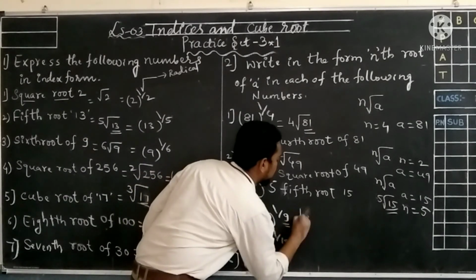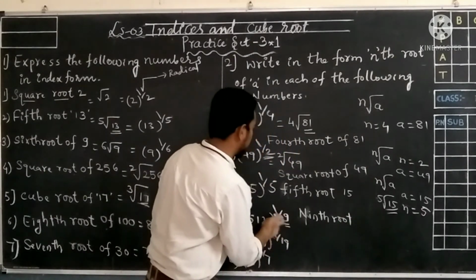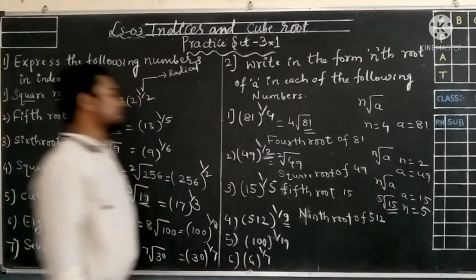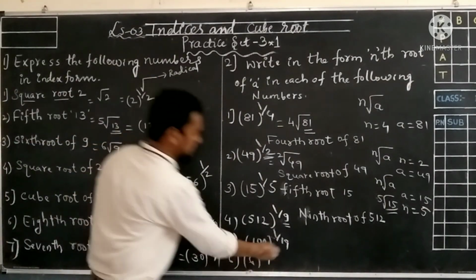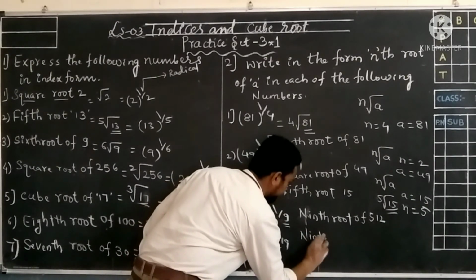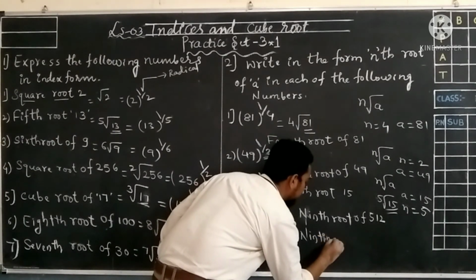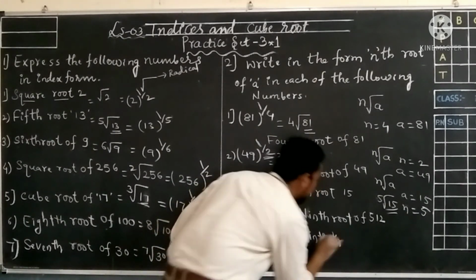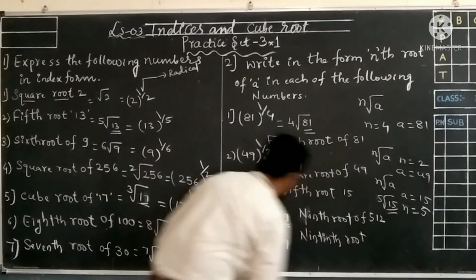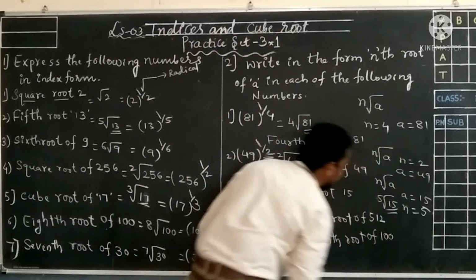Here, ninth root of 512. Then 19th root of 100.